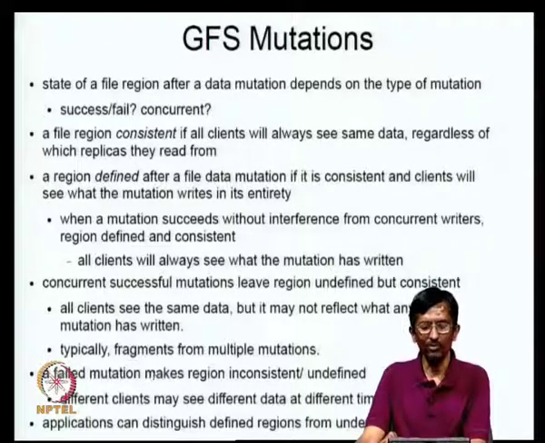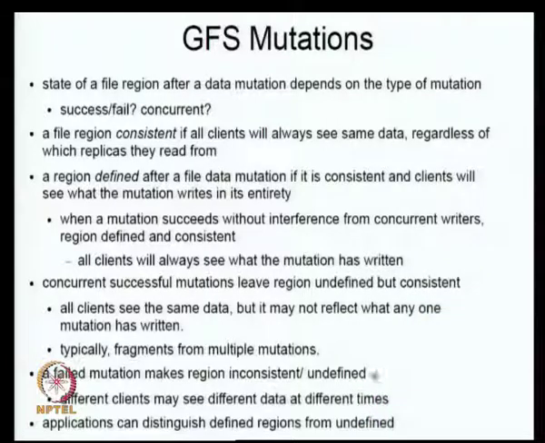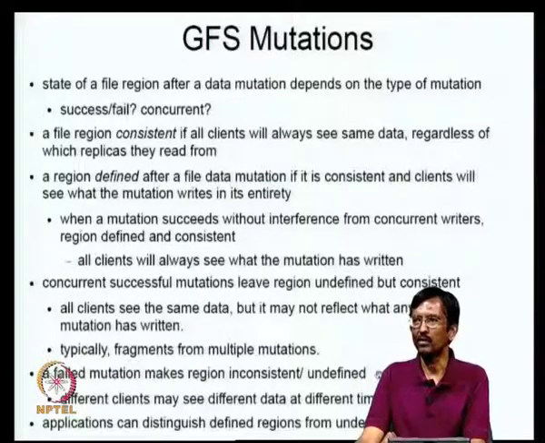If there is a failed mutation, it makes the region inconsistent and undefined, and different clients may see different data at different times. For example, let's say multiple writes are going on, and some write was done, but one replica could not update its result because it failed at the time.